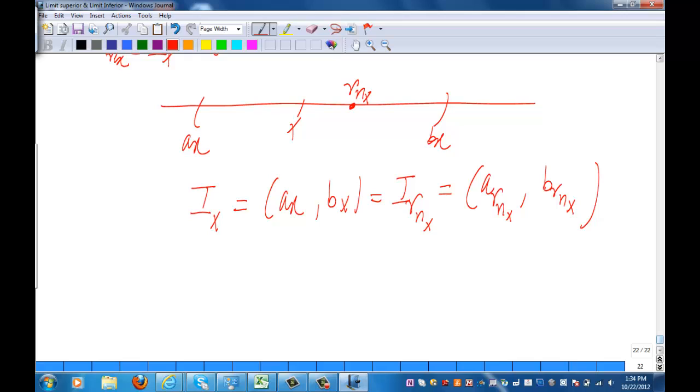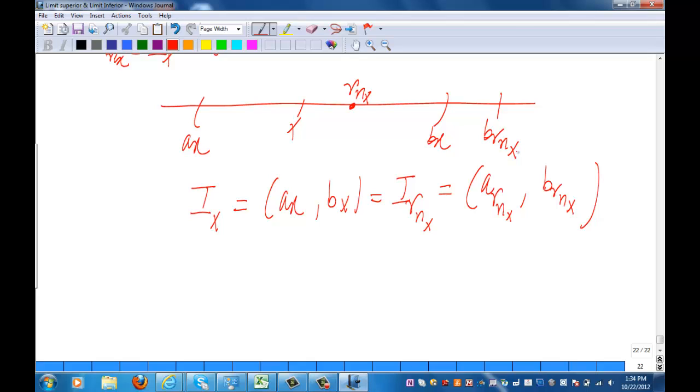Why are they equal? If they are not equal, what could go wrong? Maybe b_Rnx is bigger than bx. That could happen. But is that possible? Would it be possible that b_Rnx is bigger than that?